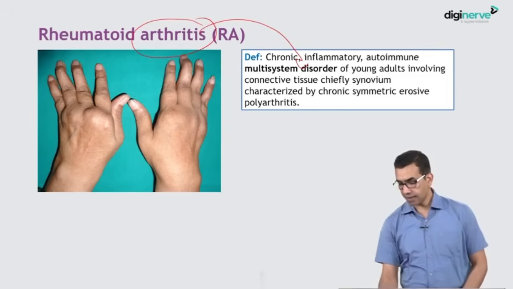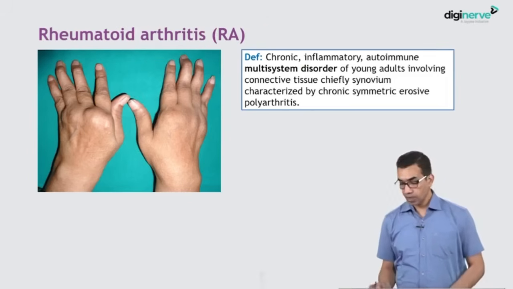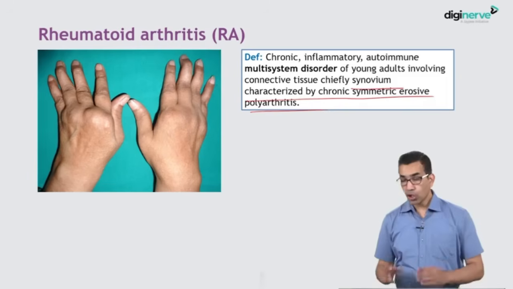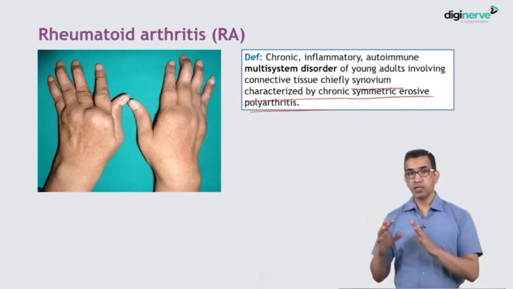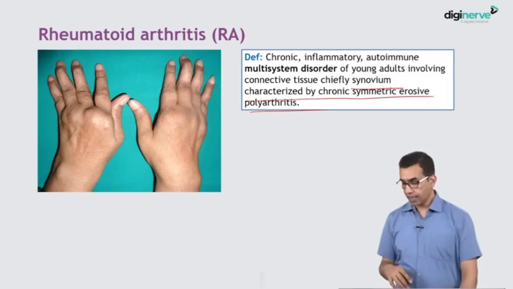It is actually a multi-system disorder of young adults involving connective tissue, chiefly synovium, characterized by chronic symmetric erosive polyarthritis. Chronic symmetric erosive means it's for a long time, it's erosive and there's symmetry in this.